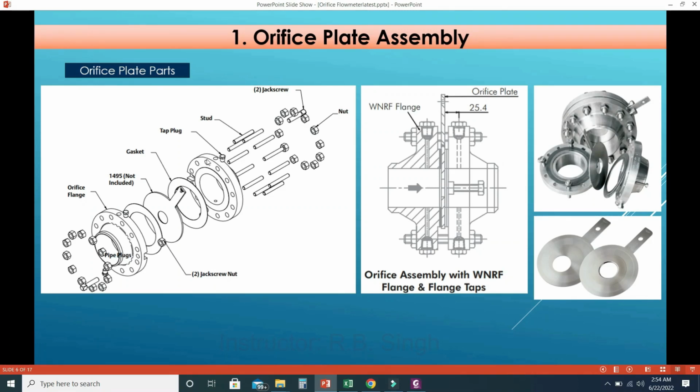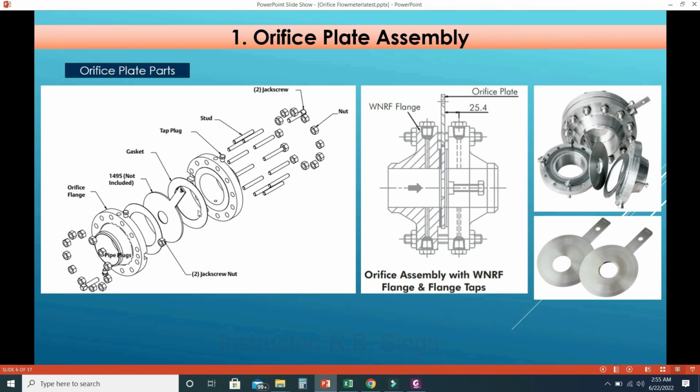There will be 2 pair, 3 pair or 4 pair of tappings as per requirement. If there are spare taps, then we have to plug them with an SS plug, so that the tapping will be plugged and our fluid will not pass through.